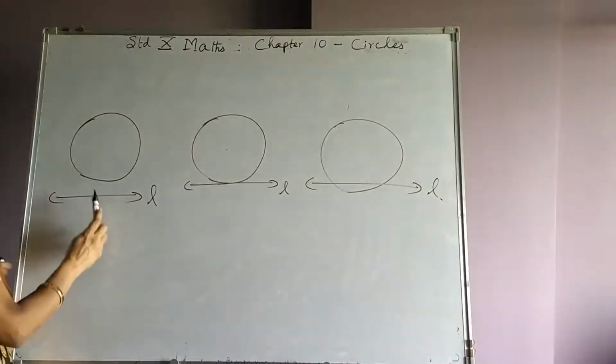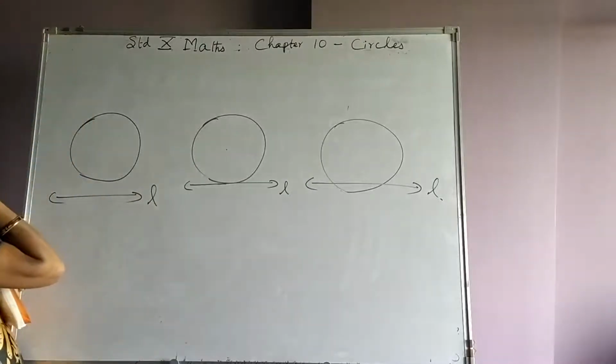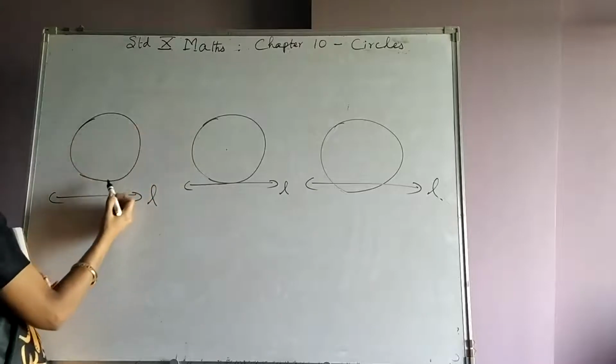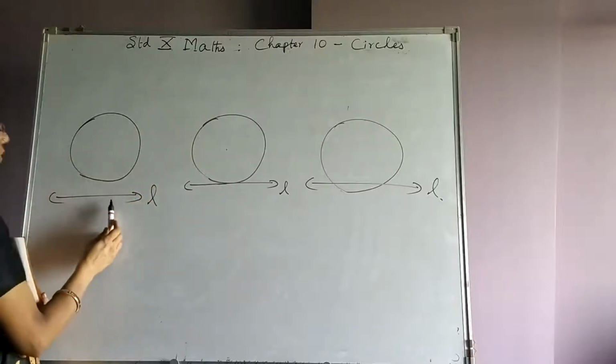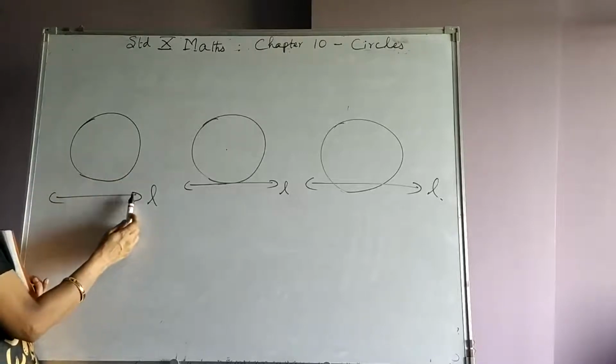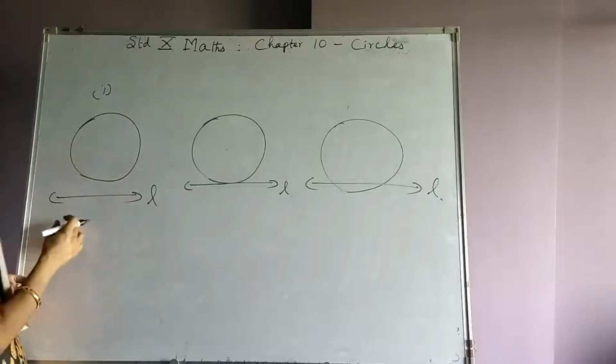There exist three different cases, three possible cases. The first case is the line won't intersect the circle. We say there is no point of intersection between the line and the circle, or we say the line does not intersect the circle. This is one of the three cases.